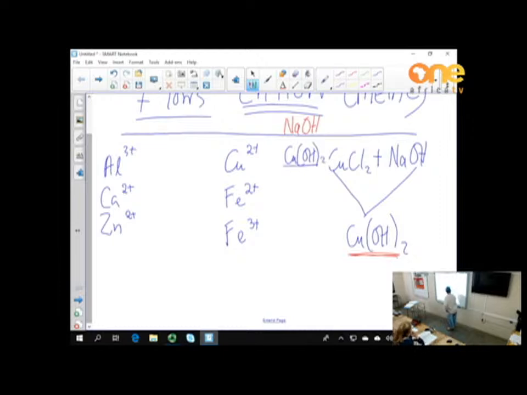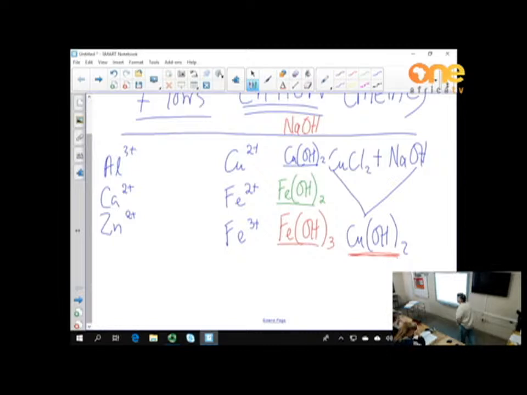Alright, copper hydroxide, I will get an iron hydroxide, which is green in color. And if I have got iron 3 ions in solution, and I add sodium hydroxide to it, I will get a red precipitate. Yeah, a red-brown.